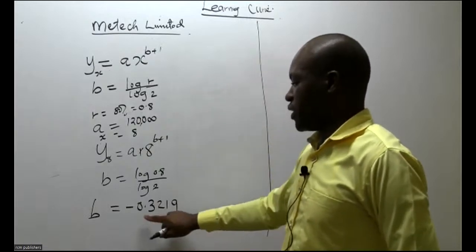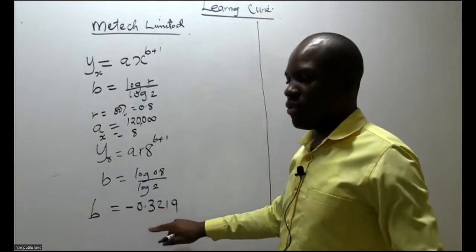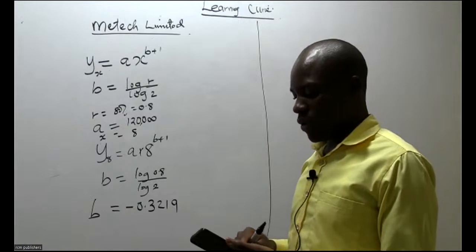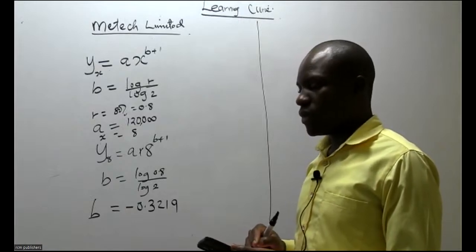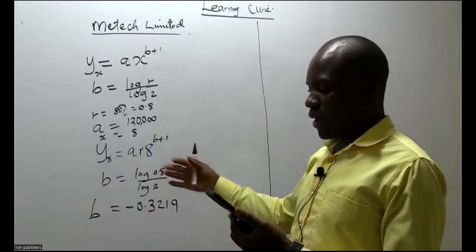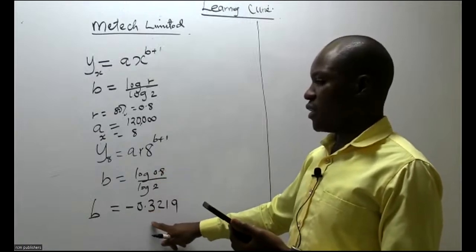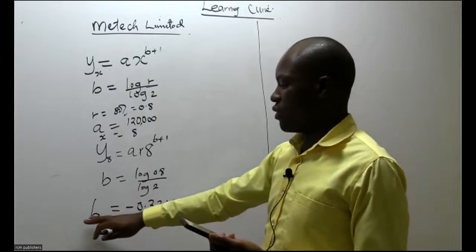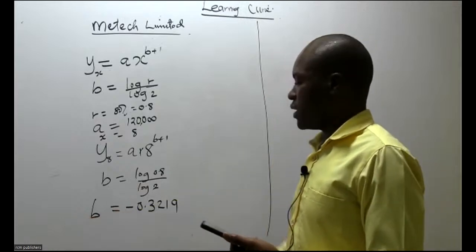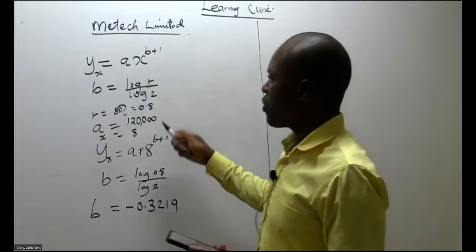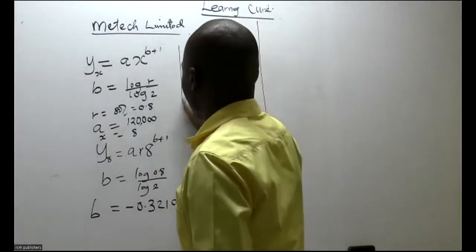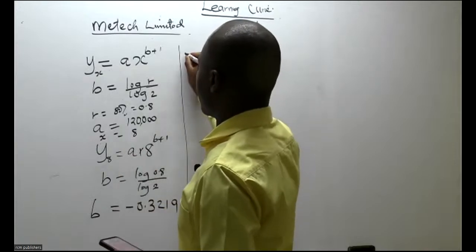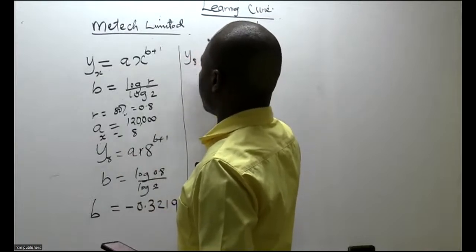Good. Are you able to see this anywhere within the question? Normally, in some cases, the examiner will be giving you this, taking the learning effect to be this, and that is the value of b. So after getting the value of b, we now go ahead to calculate our y for the first 8 batches.